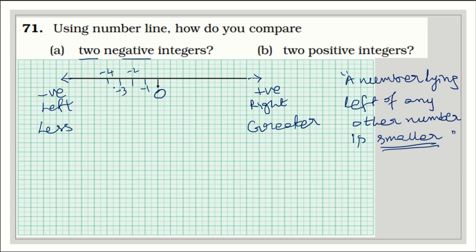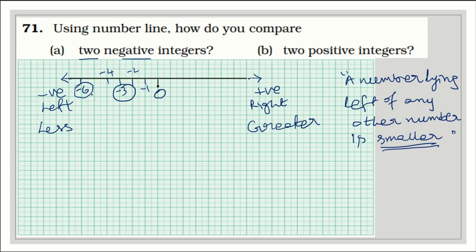Suppose I am comparing two negative numbers, let's say -6 with -3. When I am comparing two negative numbers on a number line, I will look for which is left of whom.